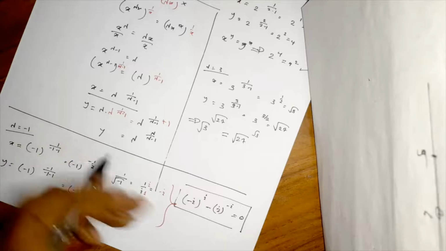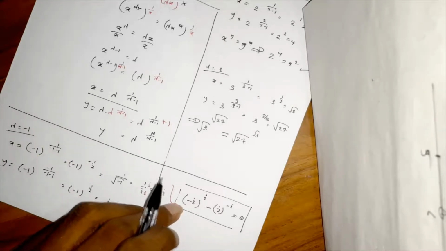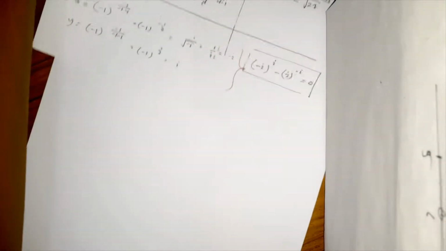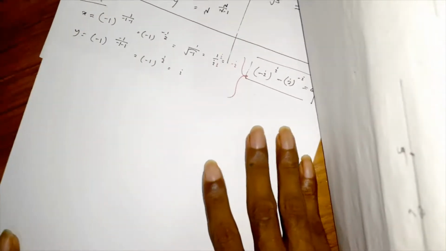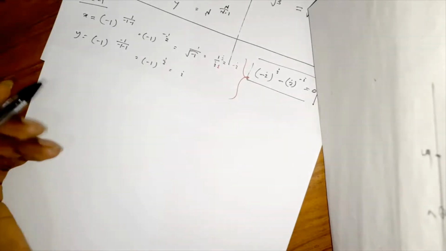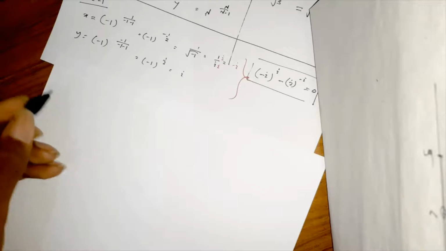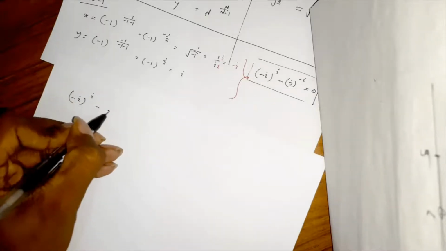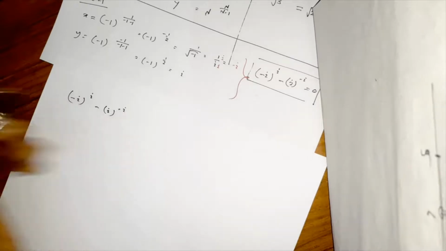Actually we can check whether this is correct. Okay, I put up another sheet. Here's our result, let's check it is okay: minus i to the power i minus i to the power minus i.